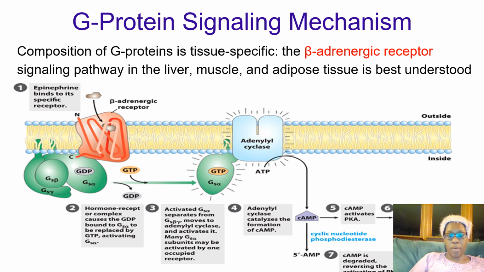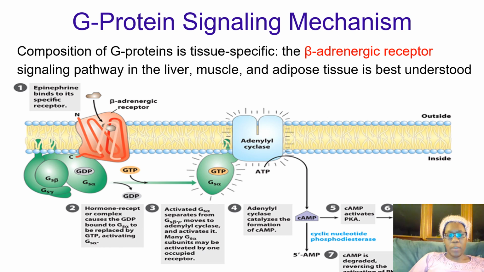So cAMP activates protein kinase A. Protein kinase A goes around the cell and activates many other proteins. Some of those proteins might be proteins that break down lipids or break down glycogen. And when you break down lipids or glycogen, then you in turn produce molecules that give us energy.